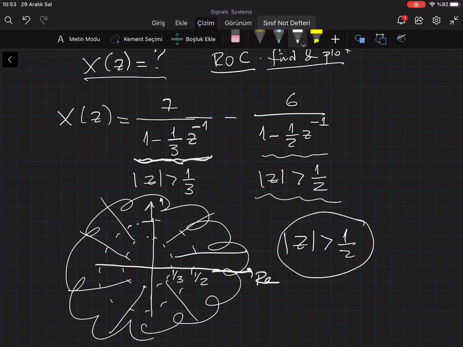This is the imaginary part. And I'm only interested in the places on the z-plane, the complex plane, which are greater than 1 over 2. Anlıyor muyuz burayı? So I'm going to do something else in which we will have one right-sided, one left-sided sequence. Okay?